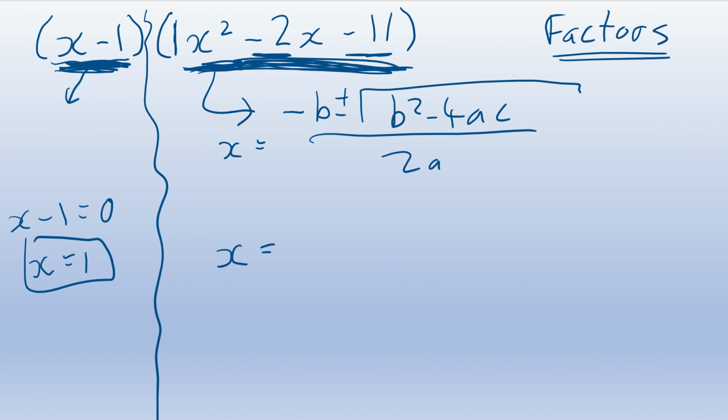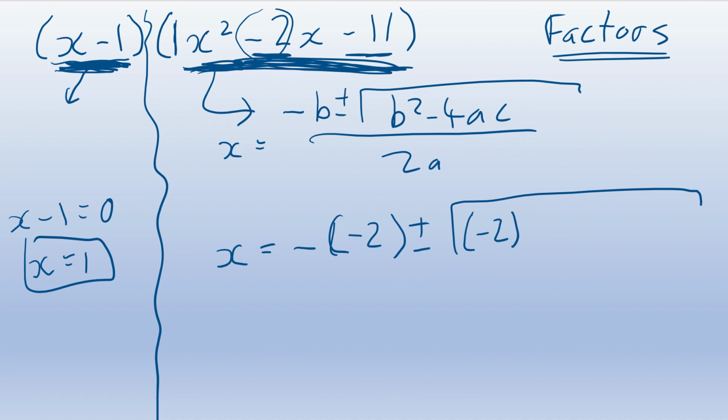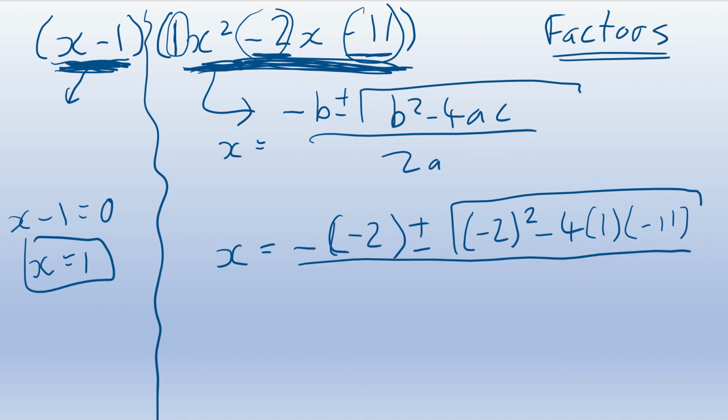So my x is equal to minus b, so minus, my b was my minus 2 here, so let's put that in, minus 2, plus or minus the square root of minus 2 squared, minus 4, my a is the number in front of my x squared, which is 1, and my c is the number at the end, which is my minus 11, all over 2 times 1.